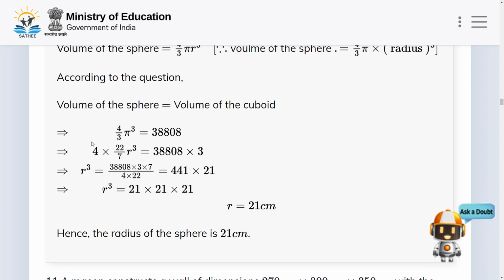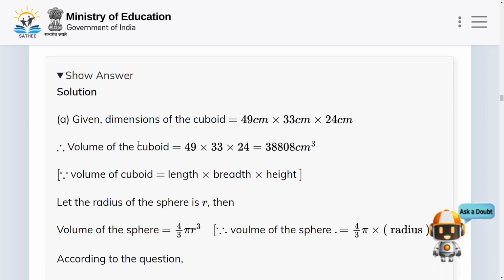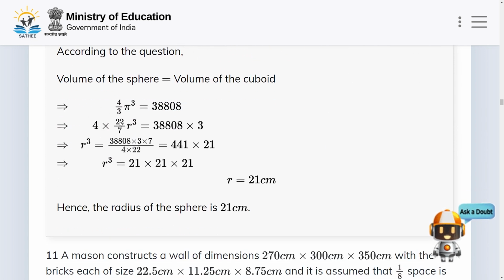Okay, so it implies 4 by 3 pi r cube is equal to 38808, and it implies 4 times 22 by 7 times r cube is equal to 38808 times 3, and this implies r cube is equal to 38808 times 3 times 7 divided by 4 times 22, and this is equal to 441 times 21, and therefore r cube is equal to 21 times 21 times 21, and therefore r is equal to 21 centimeter.